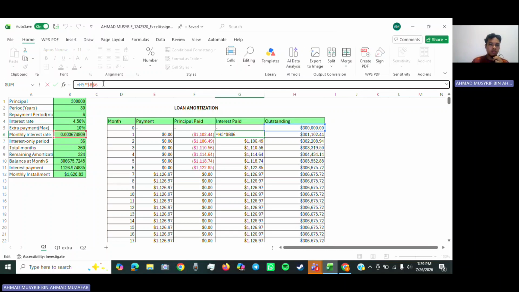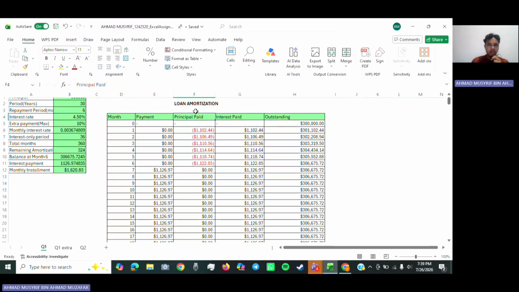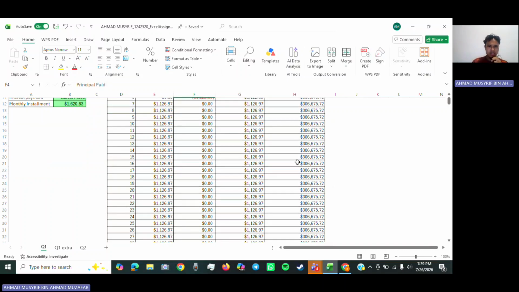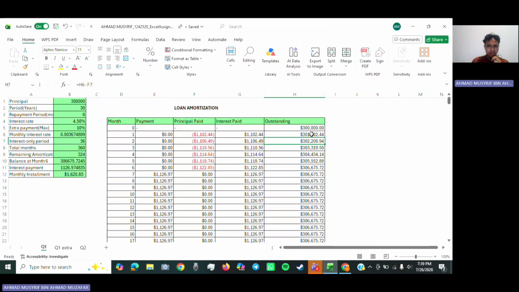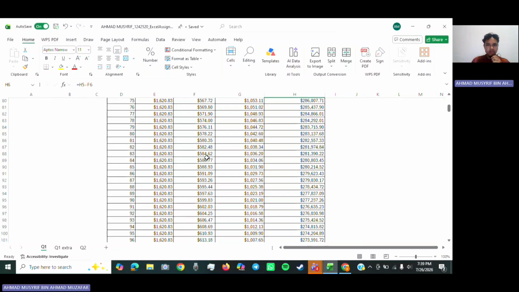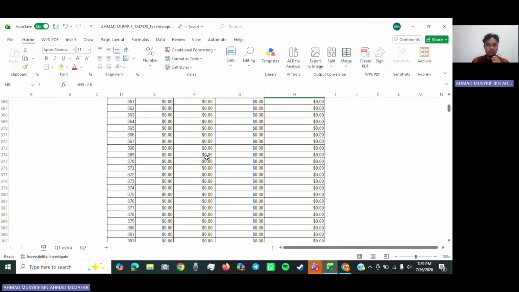So we get this result. For the outstanding balance, we just minus the previous outstanding balance with the principal paid. So we get this result, and it will stop at 360.